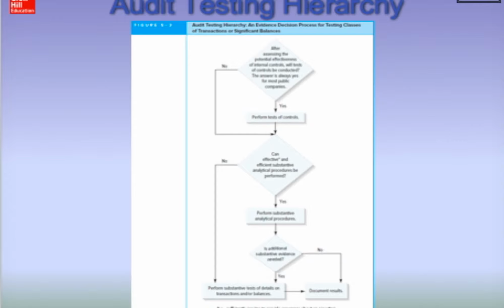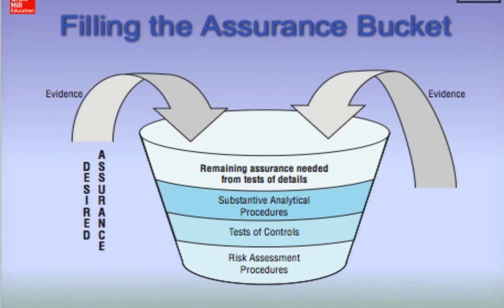This is a recreation or a depiction of figure 5.3 from the text, just a flow chart of the audit testing hierarchy. It's just one way, an analogy, a way of looking at the required assurance for various types of assurance engagements, including audits.